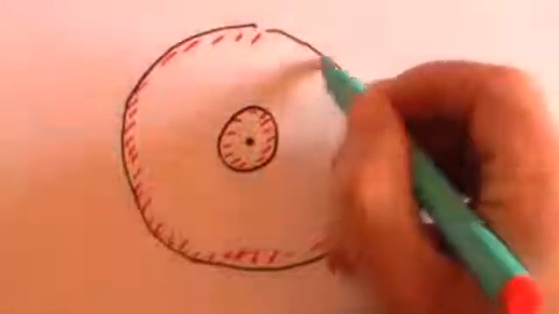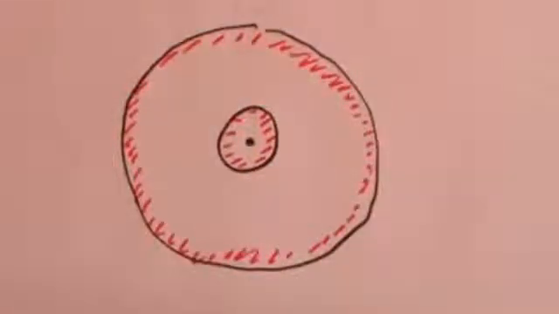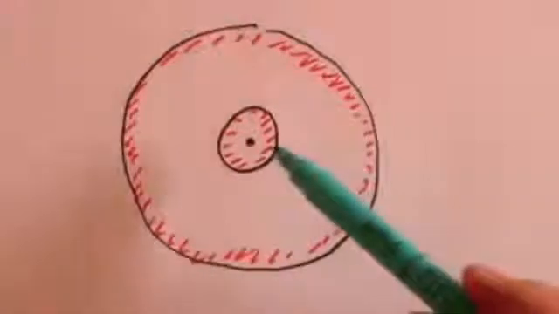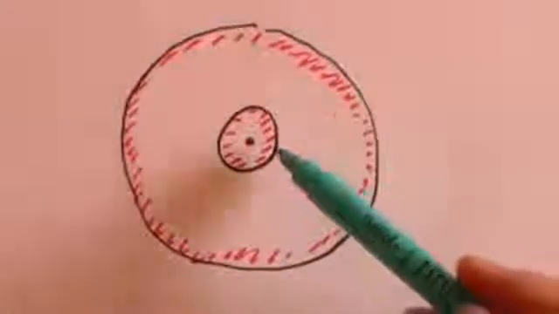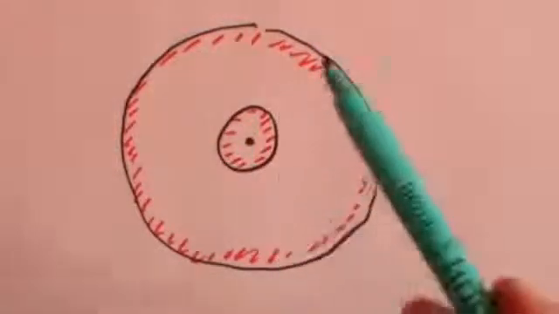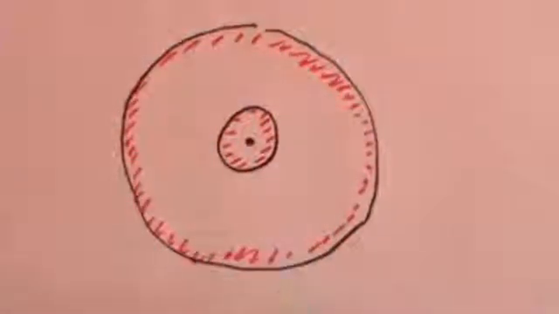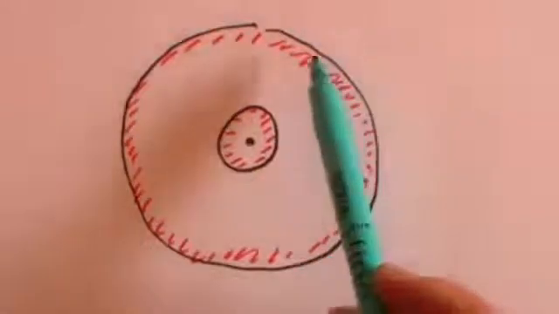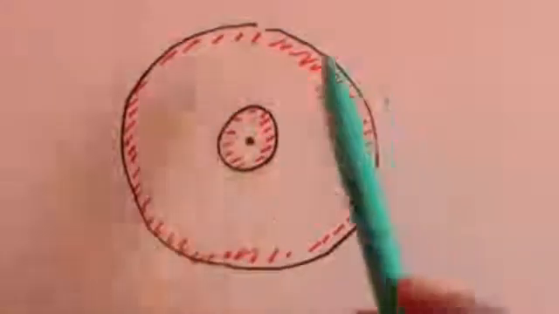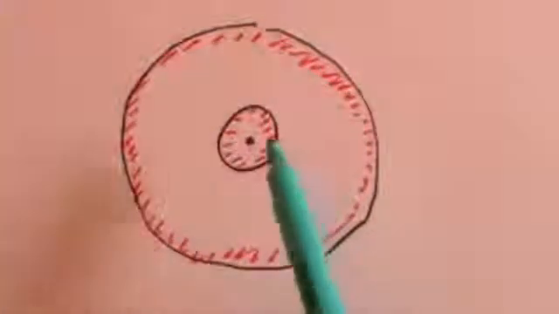Now I think you'll see that the area of the shaded region in the outer circle is much larger than the area of the shaded region in the inner circle. And if we assume that the alpha particles are arriving equally distributed, headed towards that target, far more alpha particles are going to arrive hitting this particular area, because it's a bigger area, than hitting this area in the middle here.